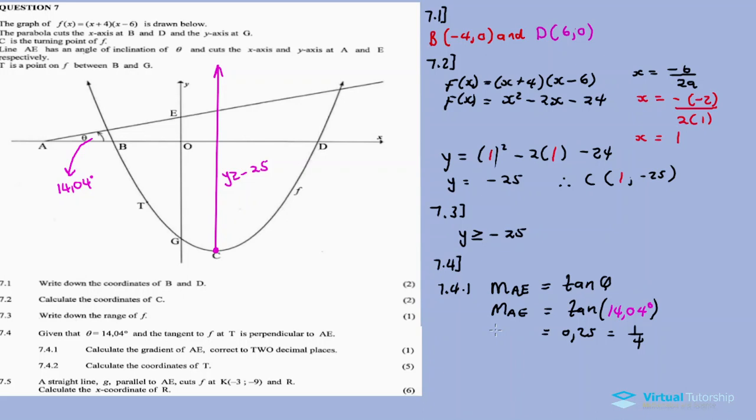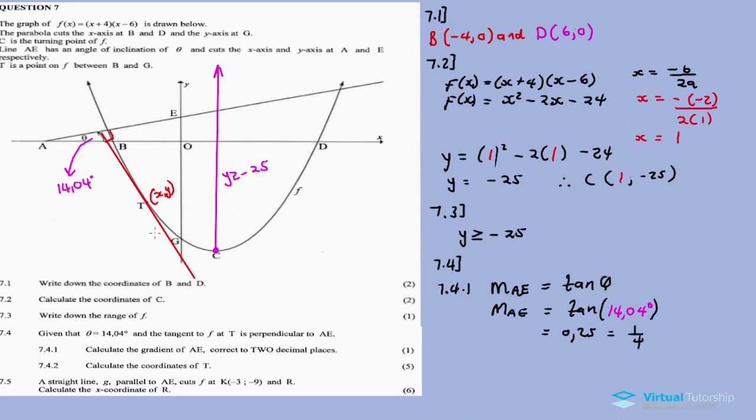Let me give you a visual picture. We are talking about the tangent at T, which is also perpendicular to AE. This is the tangent, touching the graph of f at T, and it is perpendicular to the line AE.